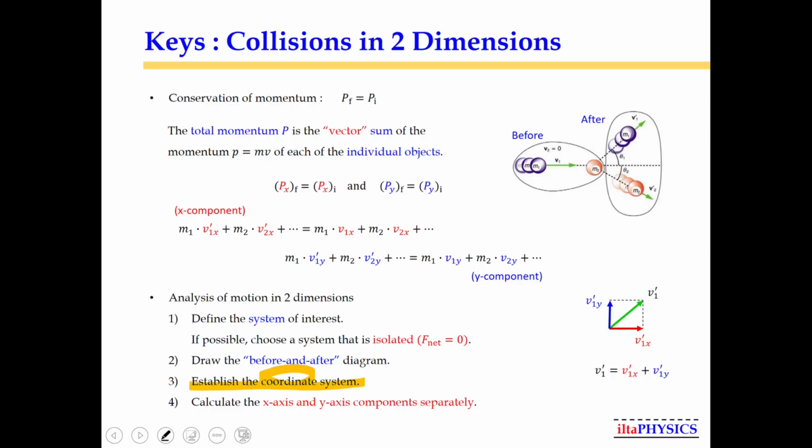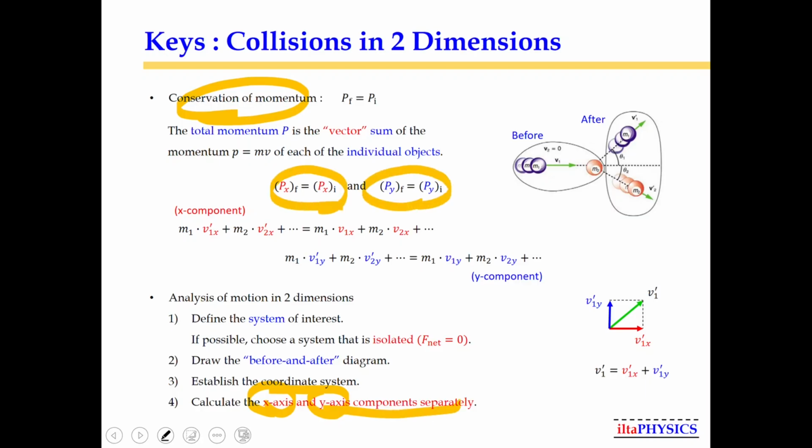Generally, the Cartesian coordinate system consisting of horizontal and vertical lines, that is, the x-axis and y-axis, is most commonly used. Finally, as I just explained, calculate the conservation of momentum for the x component and the y component separately. Now let's solve a problem regarding a collision on a 2D plane.